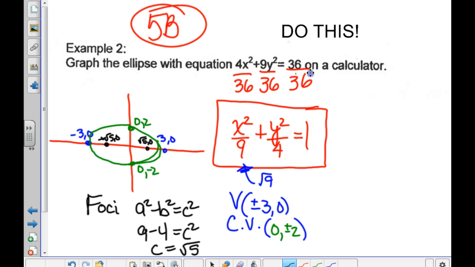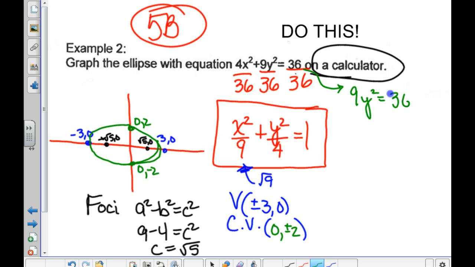All right, it says we are to now graph this on a calculator. We can only graph things in what form? Y equals. Guys, please stay with me here. How can I change the original one into y equals form? 9y squared equals, what would I do first?